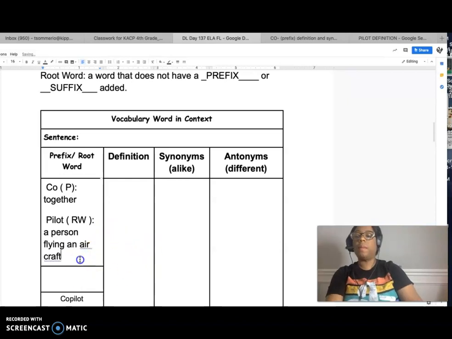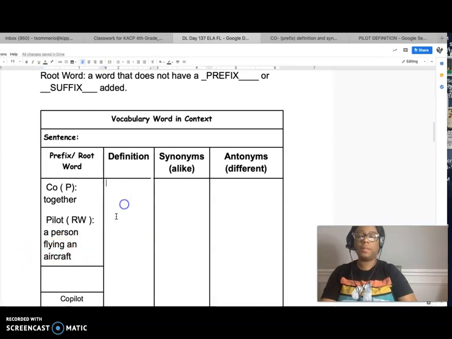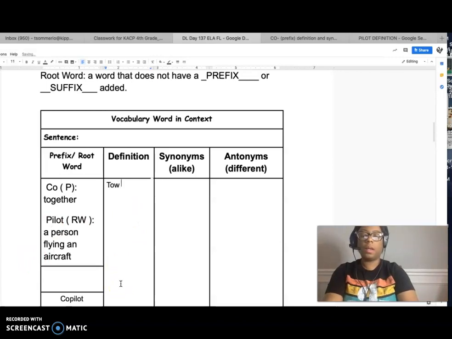Now, when we mash those words together, we definitely create a new word. Co-pilot means two people flying an aircraft together.